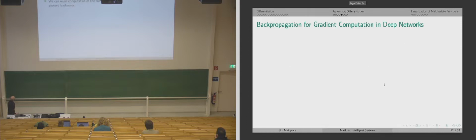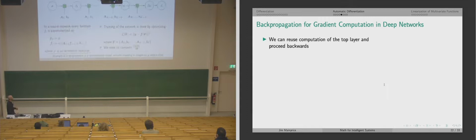So the key insight for these deep networks is that when we are computing the chain rule through the network, we can reuse parts of the computation, because we have a functional.